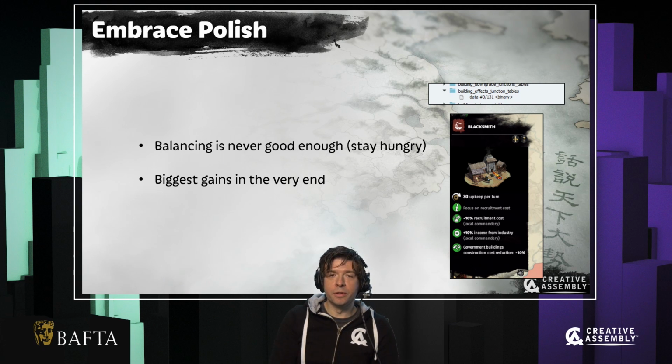If you think about the most polished games out there, they're usually very polished at their core. One of my favorite examples is Dark Souls, where the core combat is super polished. And it doesn't really matter that there are some balancing problems around certain builds or certain weapons. The core of the game is fantastic.